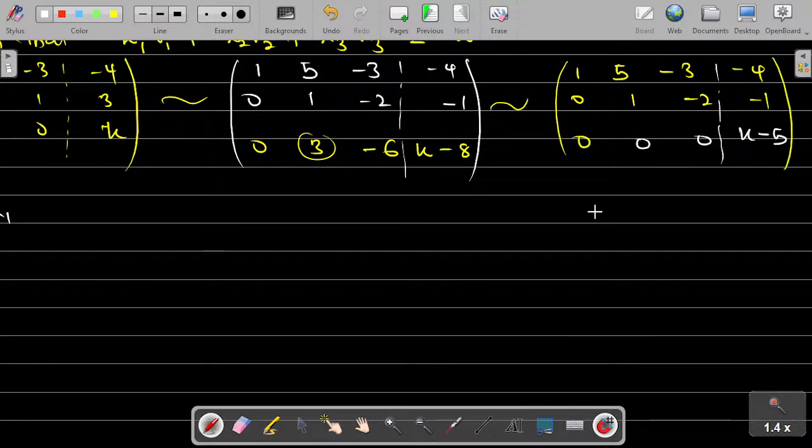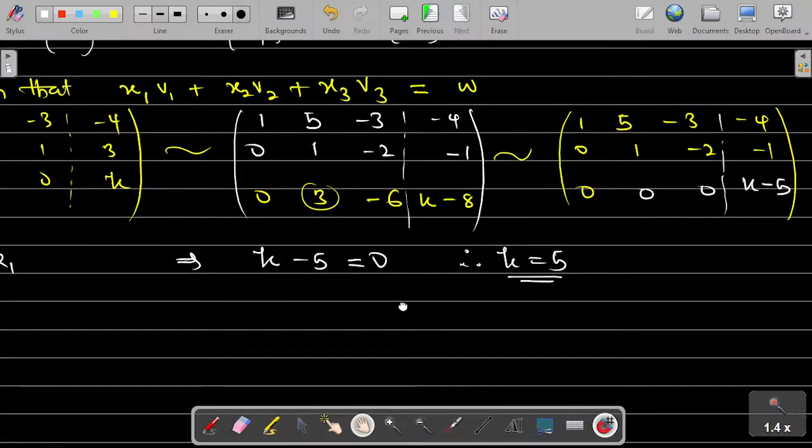But even without solving this equation, for this particular system to have a solution, when this is going to be linearly dependent, I need my k minus 5 to be equal to 0. So for that to be consistent, k minus 5 must be equal to 0, which implies that k alone must be equal to 5. All right, and that is the solution that is required.